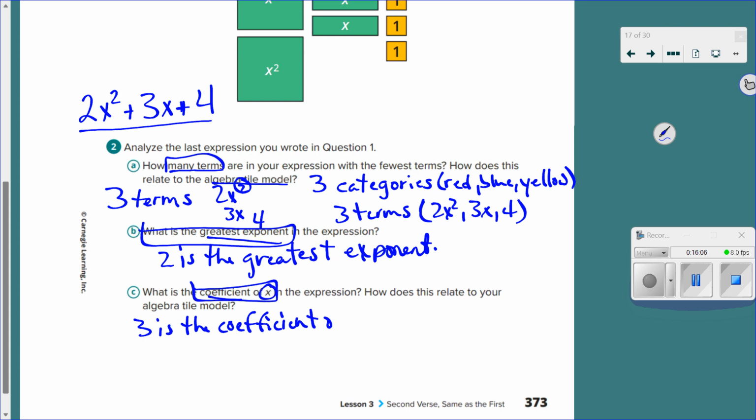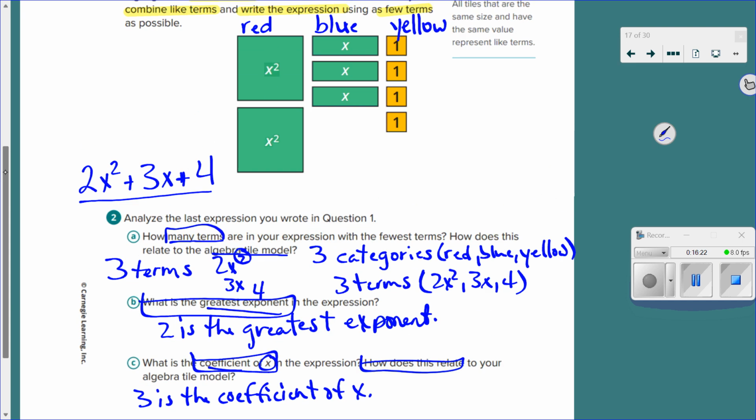And how does this relate to your model? How does that coefficient of 3 relate to my model? That's why we have 3 colors for the 3 terms.